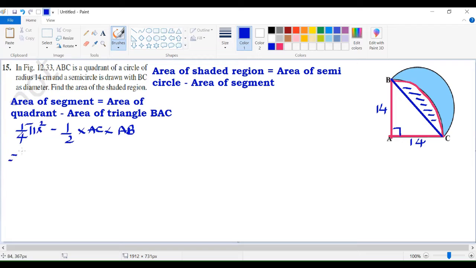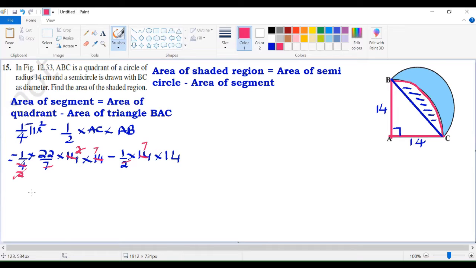So this is equal to 1 by 4, 22 by 7, 14 into 14, minus 1 by 2 into again 14 into 14. So 7, 14, 2 times, and 2, 4, 2 times, 2, 14, 7.